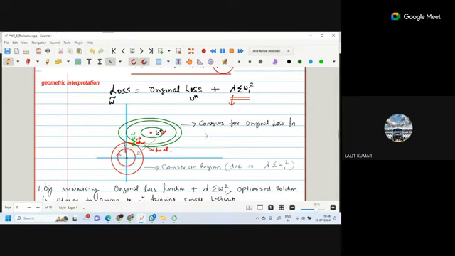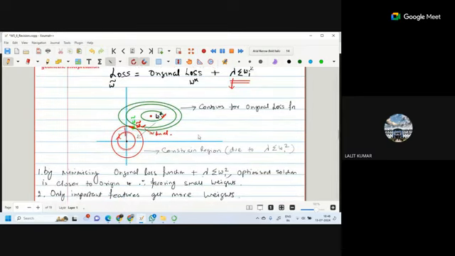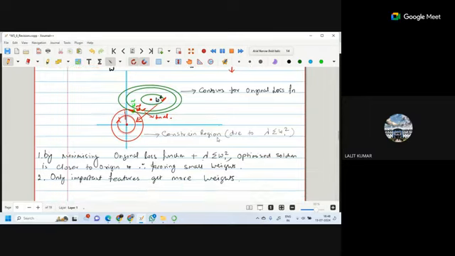So due to this, two things have happened. First of all, the optimal W star, which was there in the absence of regularization, has been brought close to the origin. So it will favor small weights, and the weights will become smaller.